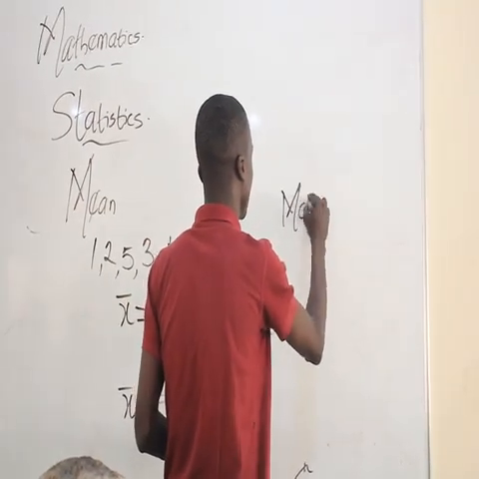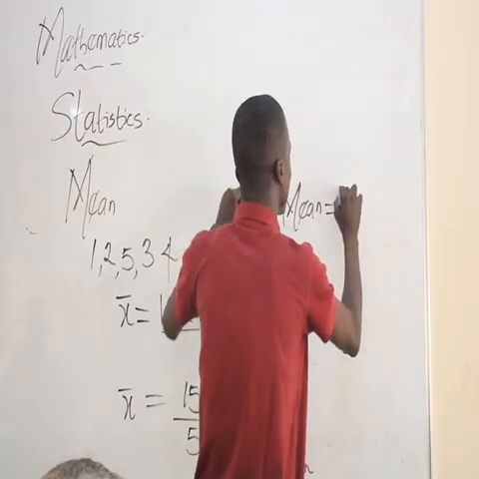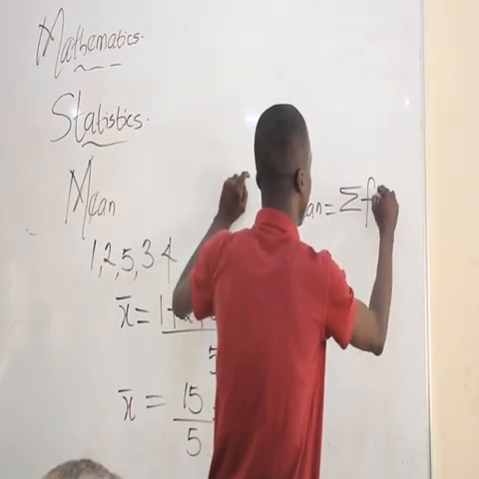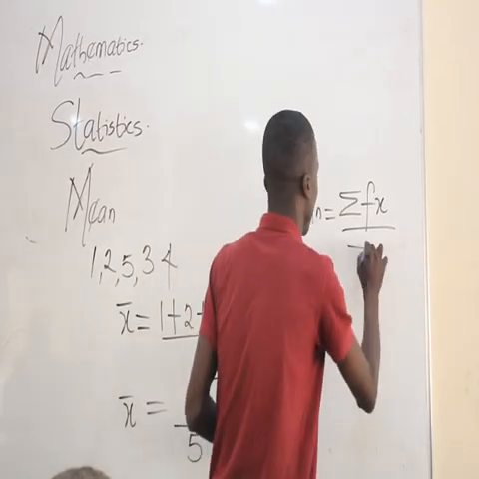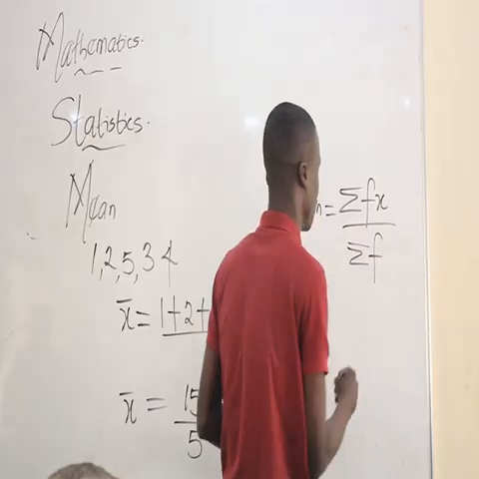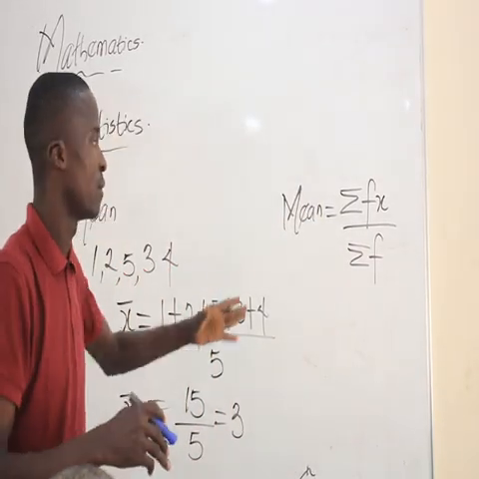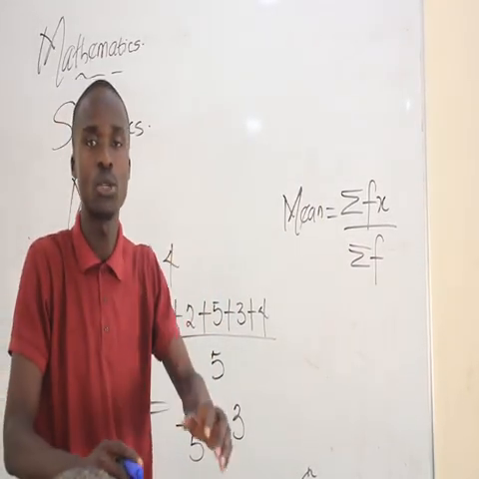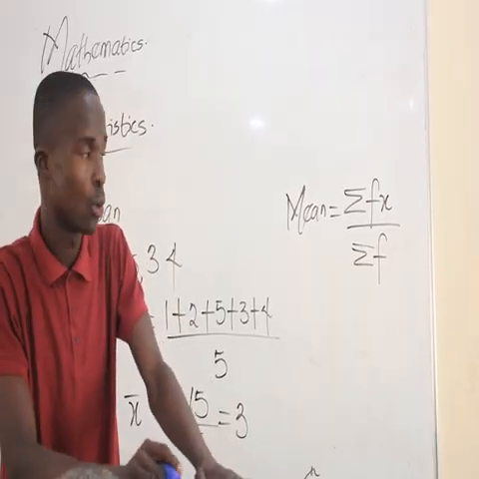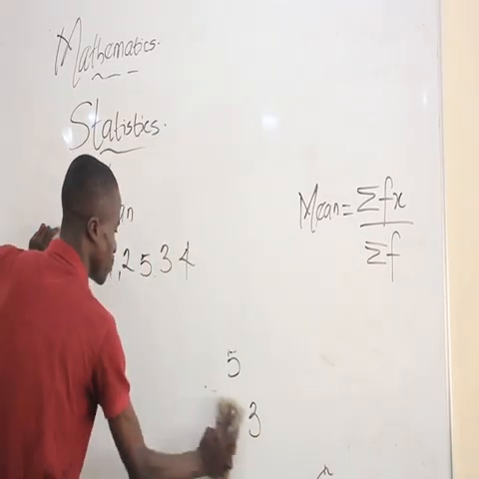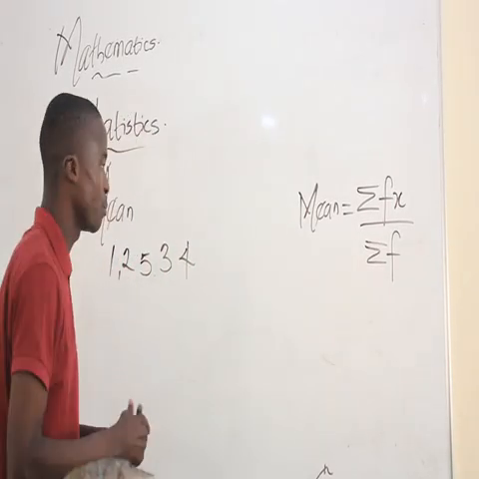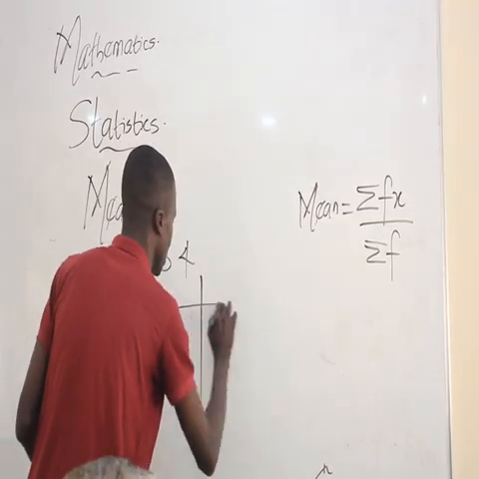Your mean is equal to the sum of f, which is the frequency, multiplied by x, divided by the summation of frequency. This is the formula you use for your mean when it's presented in tabular form.